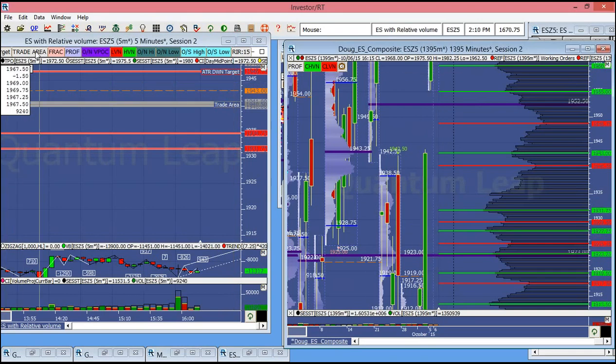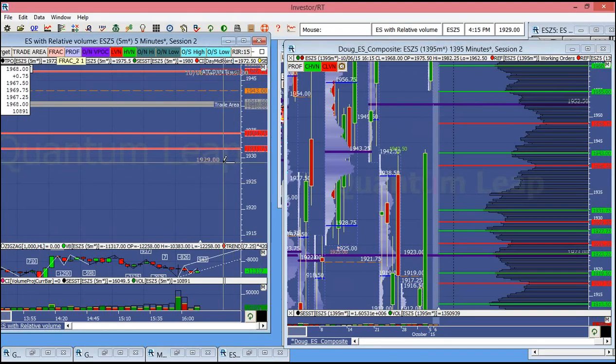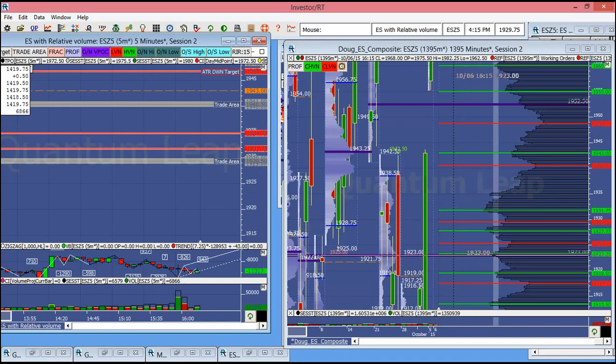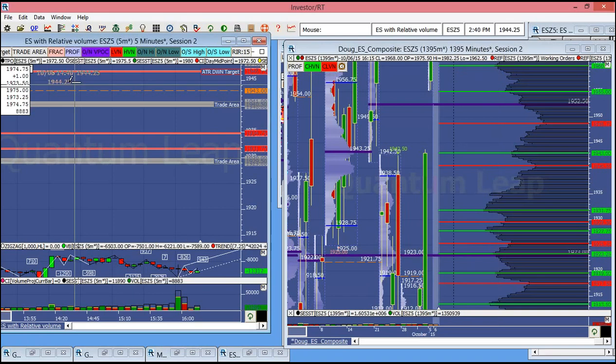You got a little bit of support coming here at 29.50, and then below 29.50 is our next big target, which is this 23 and a quarter. I call it 23. Remember, 23 is the most accepted price in that micro composite, that balance area that we just broke out of.